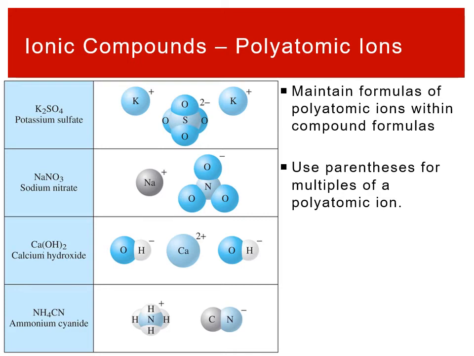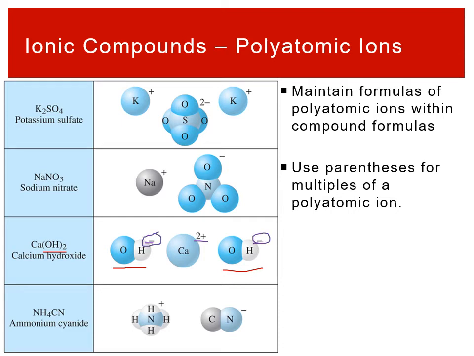So for example, the Ca(OH)2. That 2 means that you have 1 OH, that's a hydroxide, and a second OH that is a different hydroxide. They are different ions that are together. And the idea is, you have the 2 plus on the calcium, and then you have the 1 minus and the 1 minus.